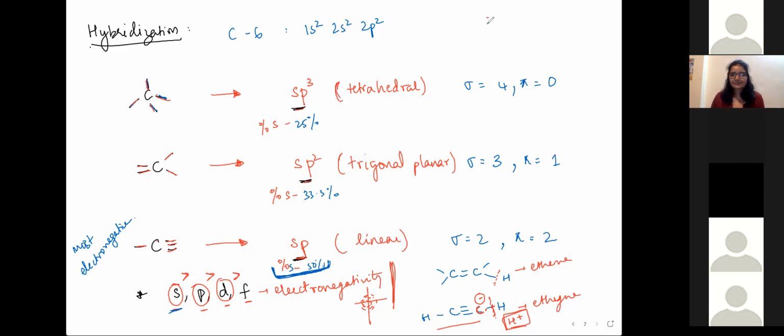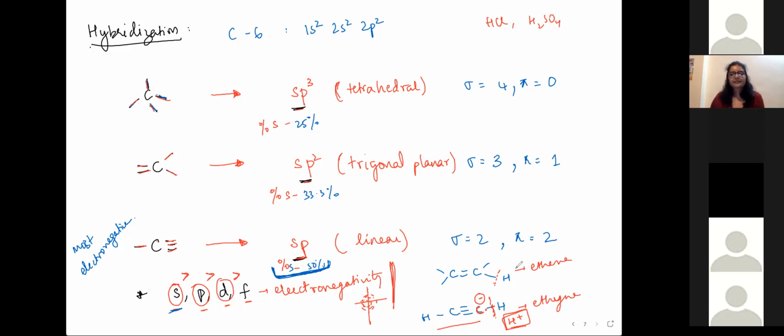When you put them in water. Yeah, HCl, H2SO4, all of these release H+, no? HCl breaks into H+ and Cl-. H2SO4 breaks into H+ and SO4 2-. Remember that, Rishad? Yes, ma'am.